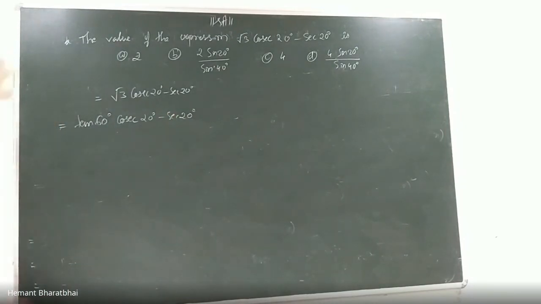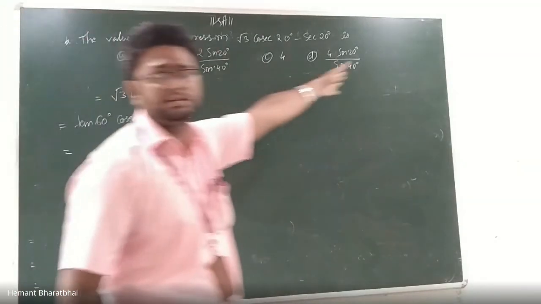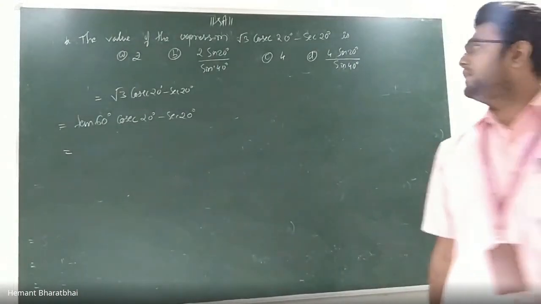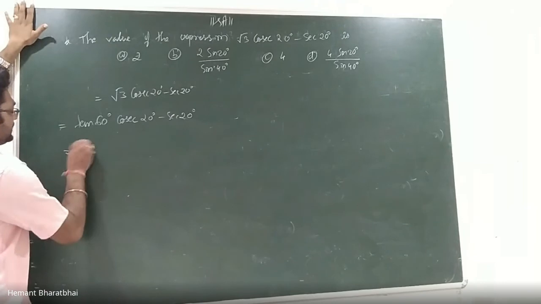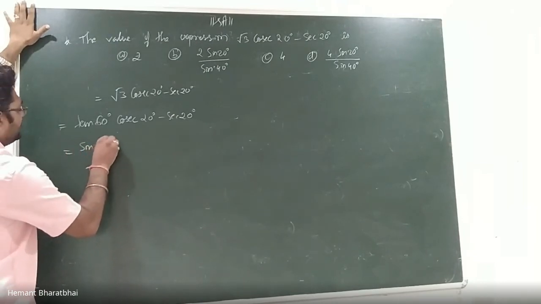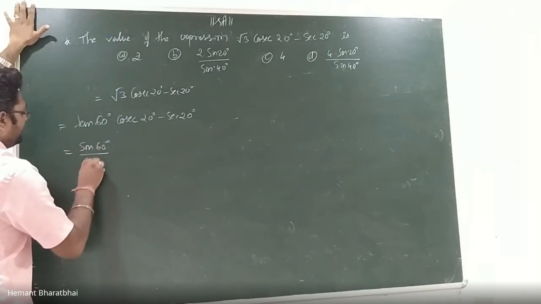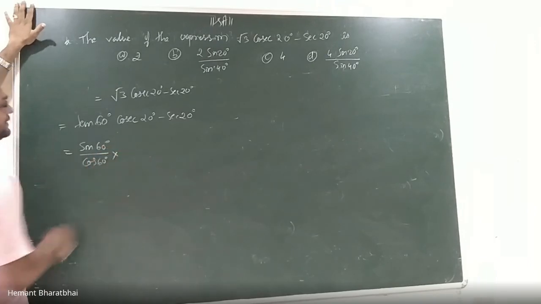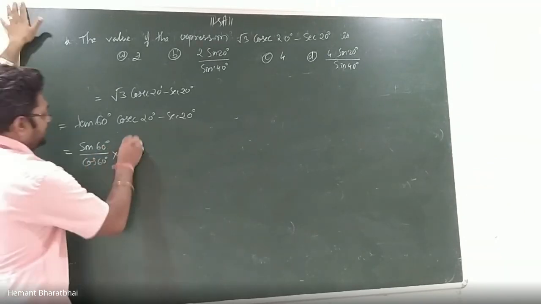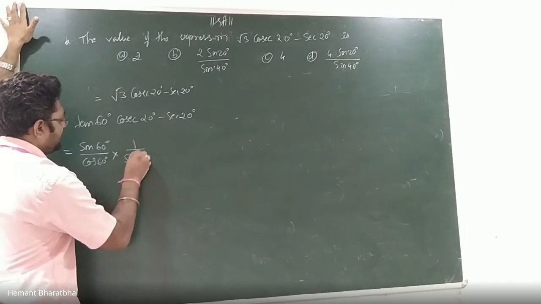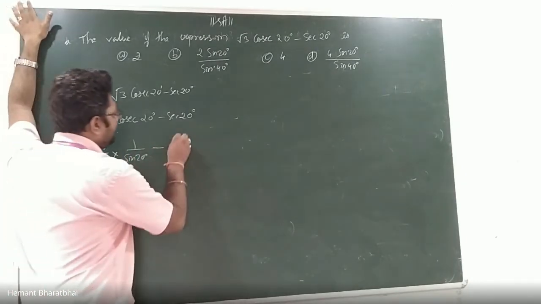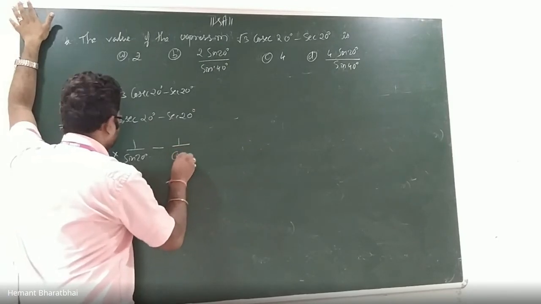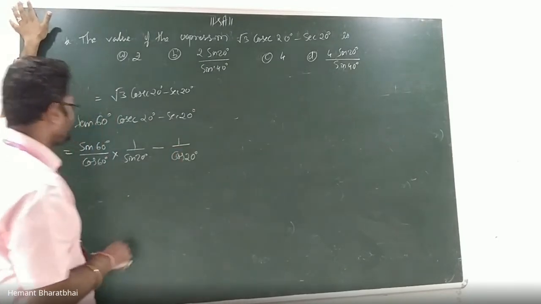The very first thing I'm going to do is convert everything in terms of sine and cos, because the option is in terms of sine or it is some concrete answer. So tan of 60 degree can be written as sin 60 upon cos of 60 degree. Cosec can be written as 1 by sin, so this will be 1 by sin of 20 degree minus sec of 20 degree. Sec is 1 upon cos, so it can be written as 1 upon cos of 20 degree.